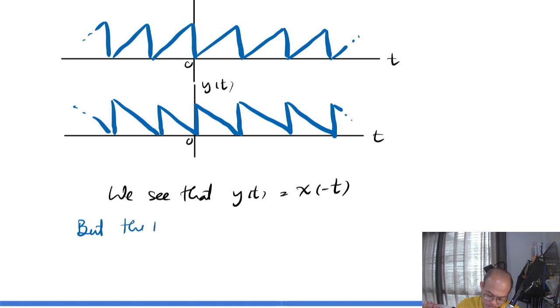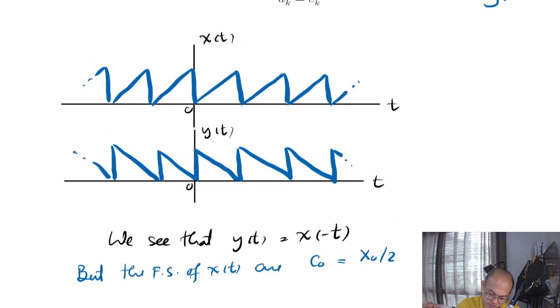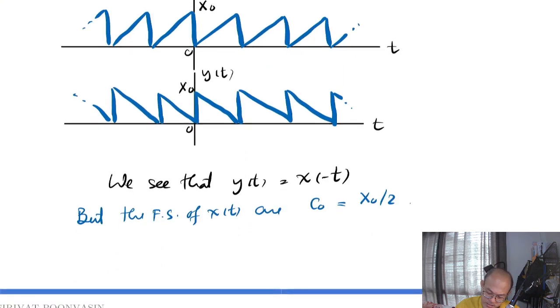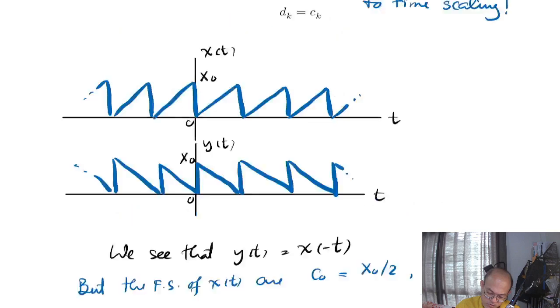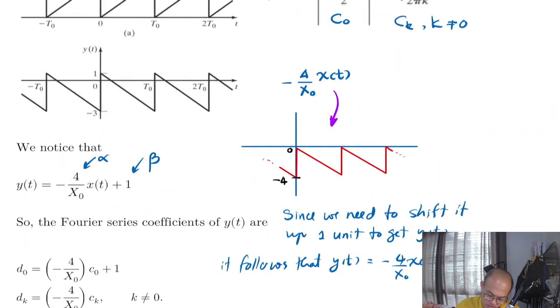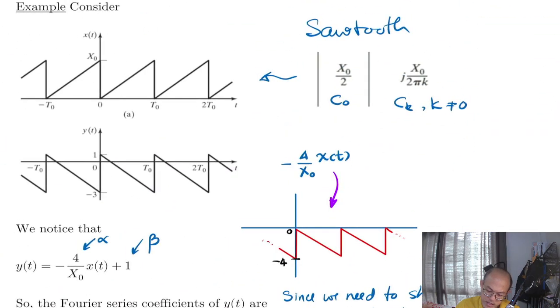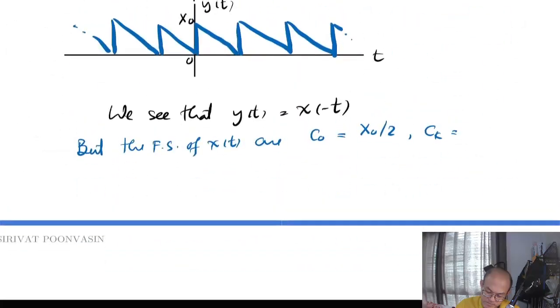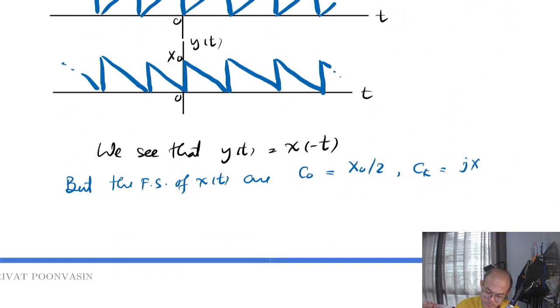But the Fourier series coefficients of xt are c0 equal to x0 over 2. This is x0. And ck equal to jx0 over 2 pi k when k is not equal to 0.